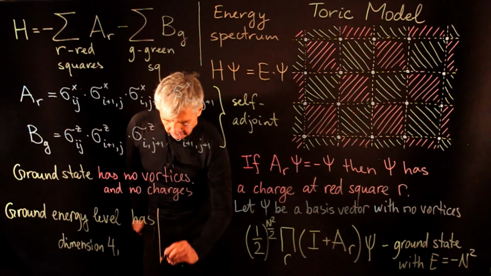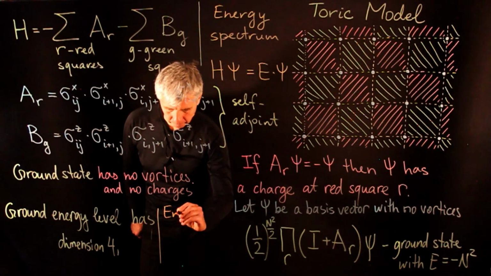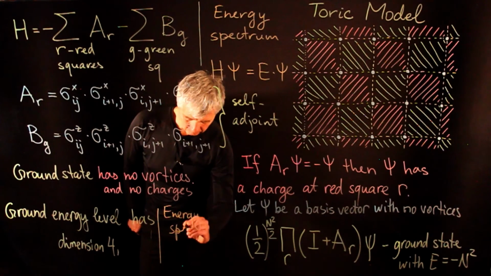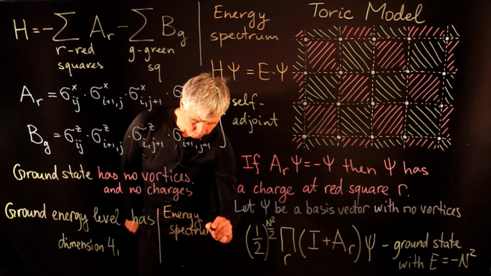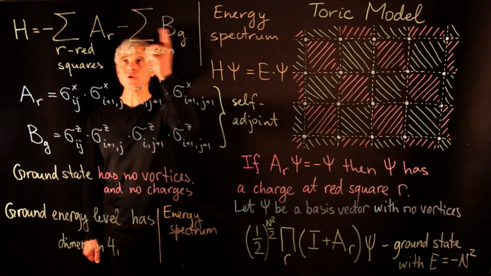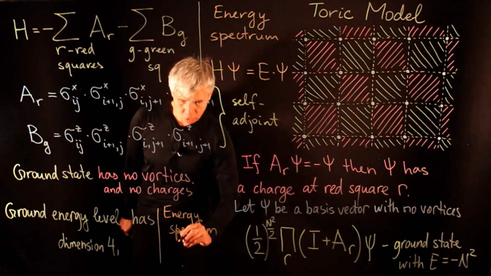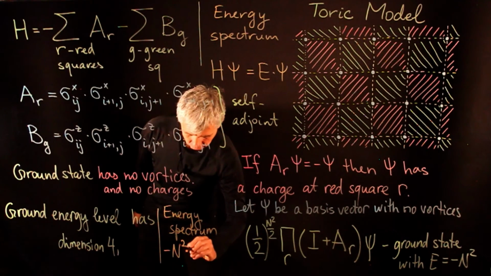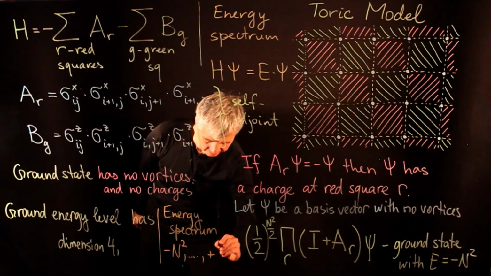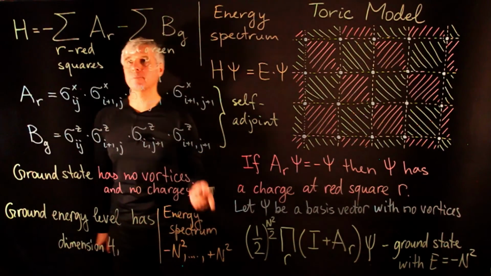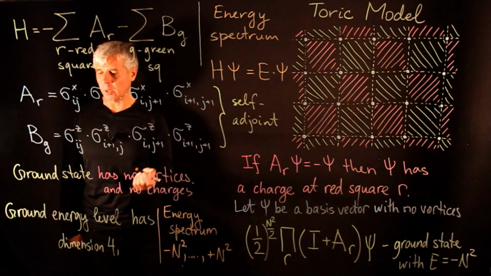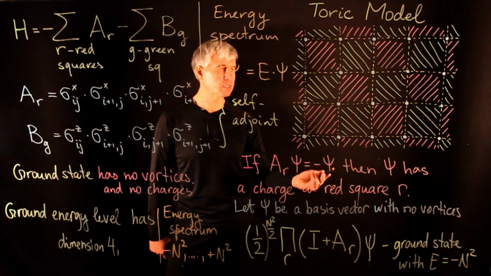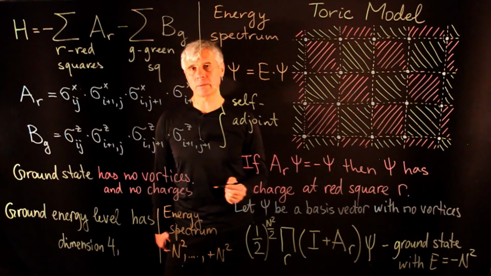And we also see that the energy spectrum for this problem consists of integer values, and these integer values go from minus n squared to plus n squared. And so we have plus n squared eigenvalue when we have a state that has a charge and a vortex at each red or green square.